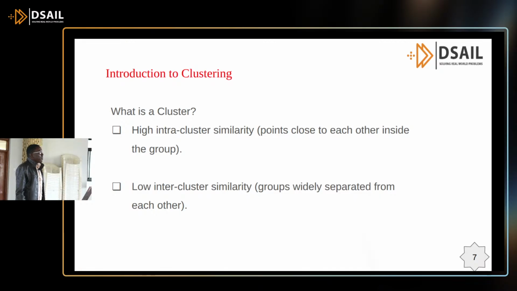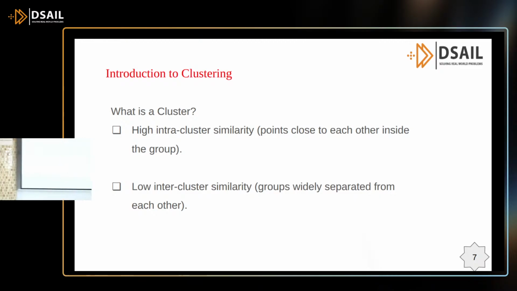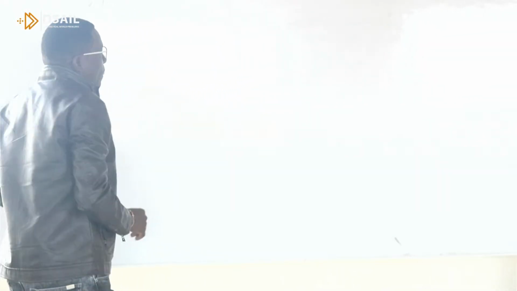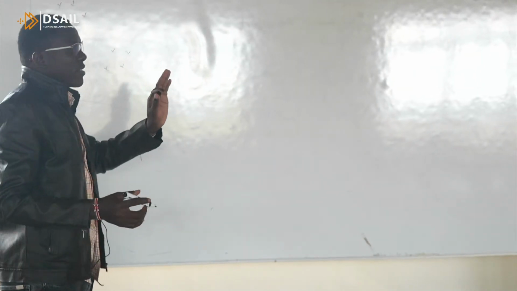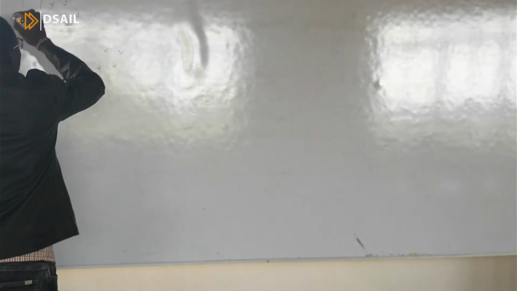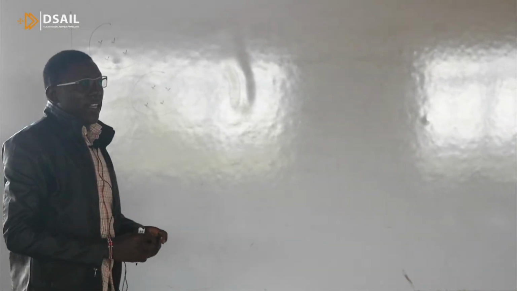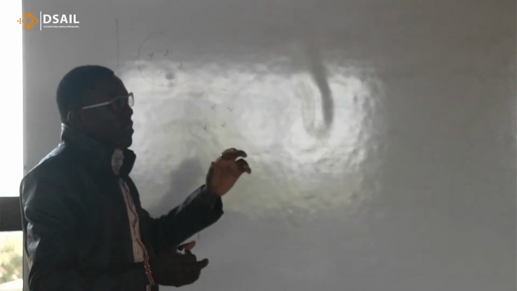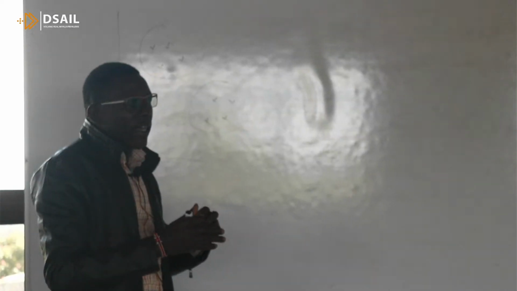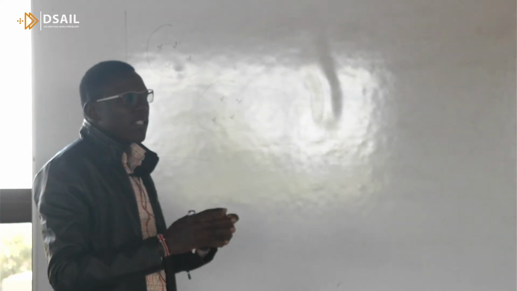For a cluster, I'll term it as just the normal groups that you end up with, but now the goal is to ensure that if you have your data here like this, and another one here, and you end up with this as one cluster and this one as another cluster, the similarity within each cluster should be very high, like we call it a high intra-cluster similarity.